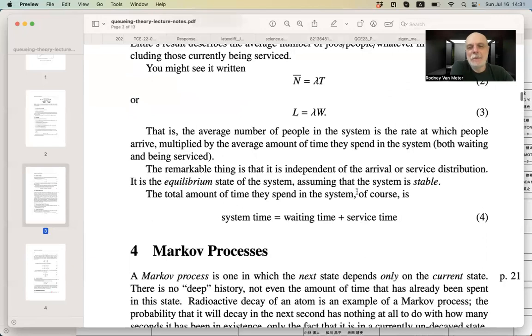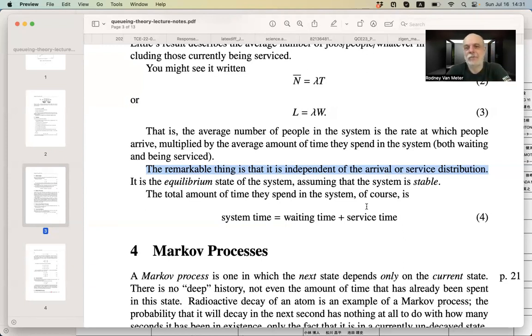The remarkable thing about this is that it is completely independent of the arrival or service distribution. What does that mean? The arrival distribution is not just the average rate at which people arrive, but the actual pattern with which they arrive. Do they arrive at fixed intervals, exactly one person once a minute? Or do they arrive at random? Or do they arrive in bunches?